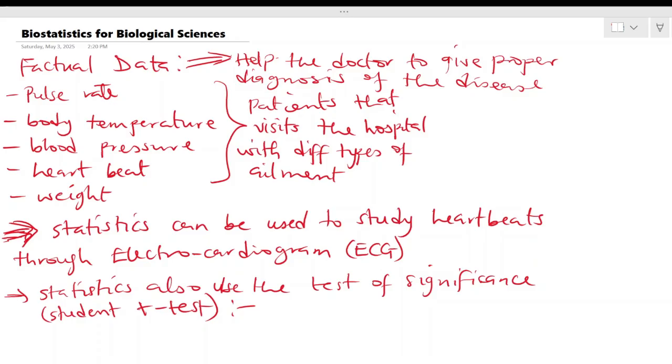More and more applications of statistics are presently used in what? Clinical investigation. So the recent developments in the field of technology, especially computer and information technology, have made scientists a part of decision-making procedures of many organizations. Why?